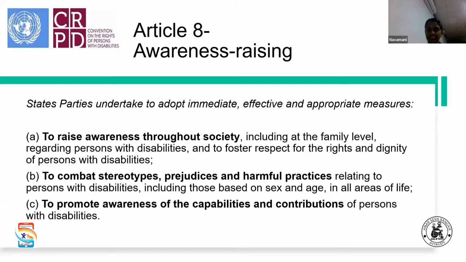State parties undertake to adopt immediate, effective and appropriate measures to raise awareness throughout society, including at the family level, regarding persons with disabilities, and to foster respect for their rights and dignity, to combat stereotypes, prejudices and harmful practices relating to persons with disabilities, including those based on sex and age, in all areas of life, and to promote awareness of the capabilities and contributions of persons with disabilities.